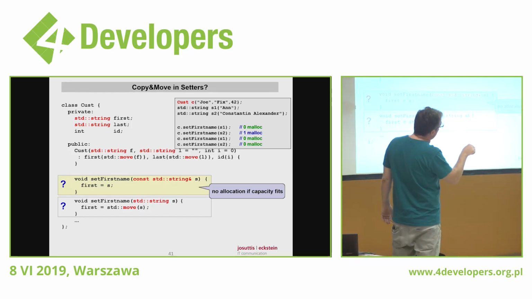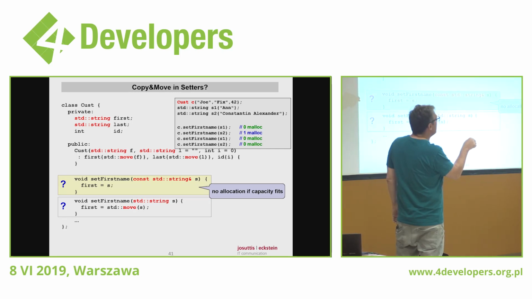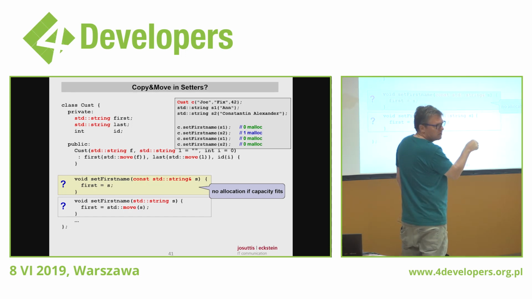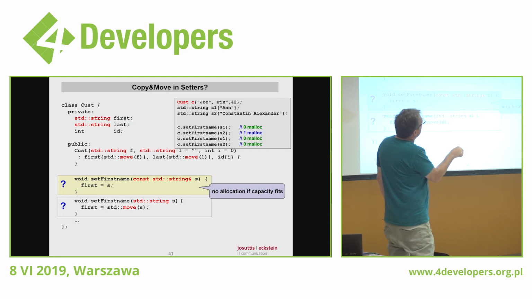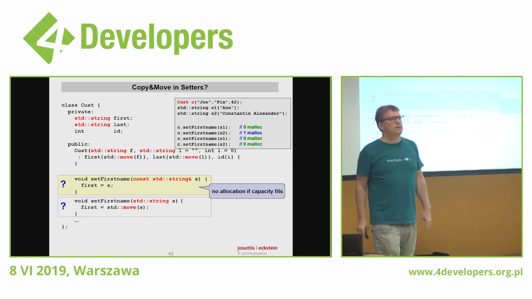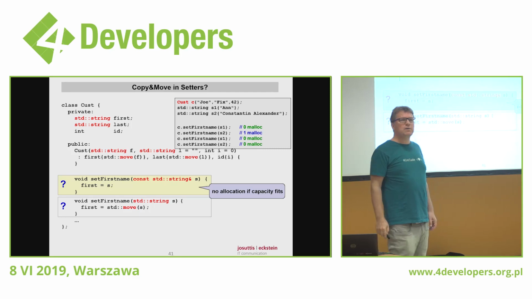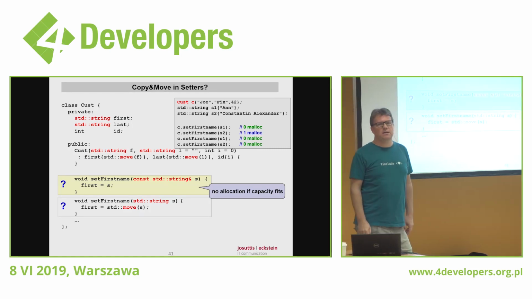I mean here in the setters. This will not allocate at all because we already have space in the string member for 3 characters, so we don't change this. But the moment we have to grow, then we have to malloc, and that's good enough for all the other setters. So that's a pretty cheap operation already.